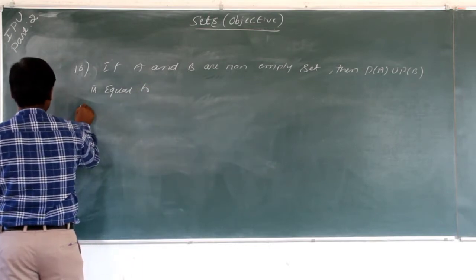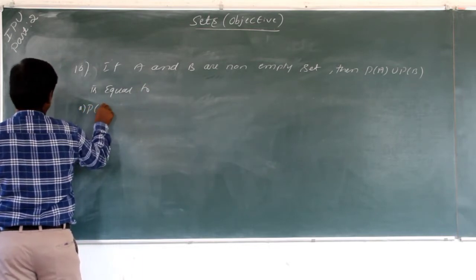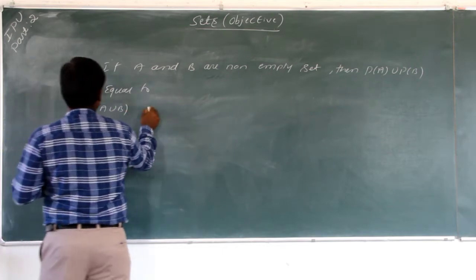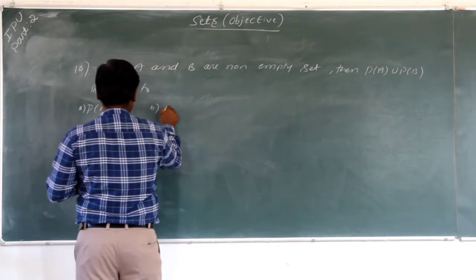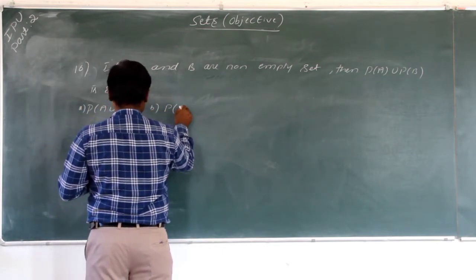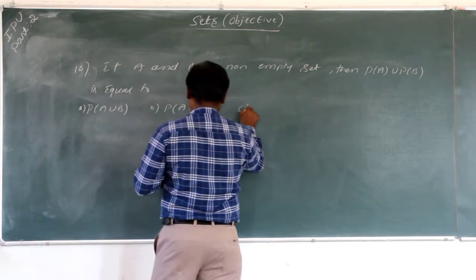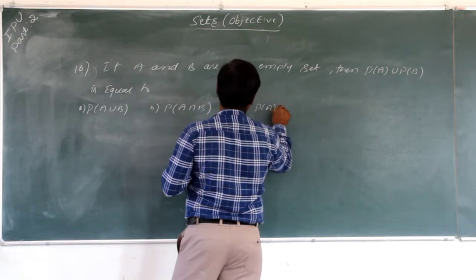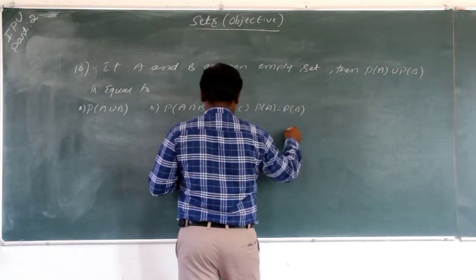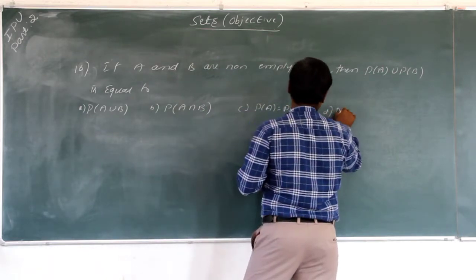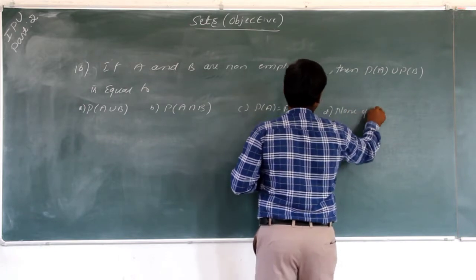Option A is P of A union B, option B is P of A intersection B, option C is P of A is equal to P of B, and option D is none of these.